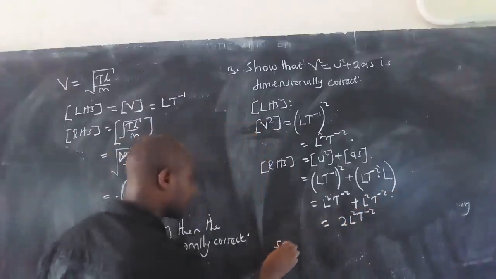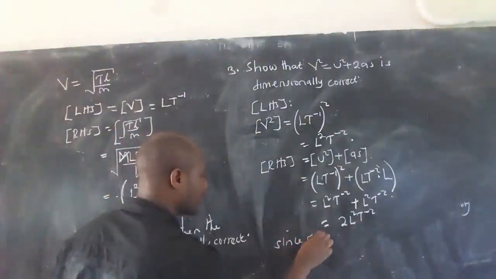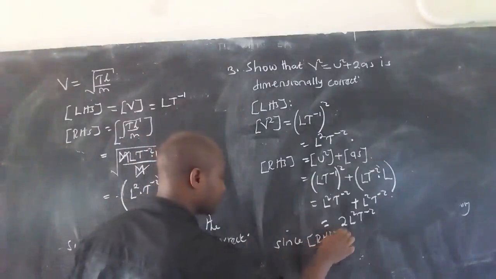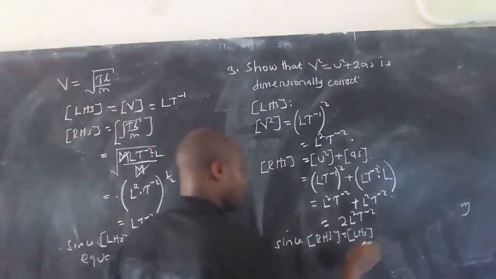So since dimensions of right hand side is equal to dimensions of left hand side, the equation is correct.